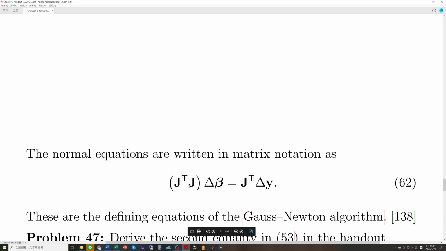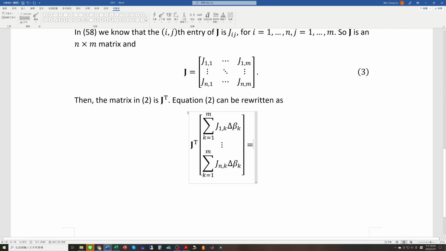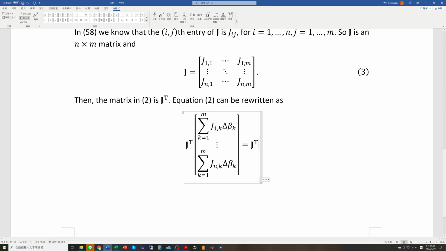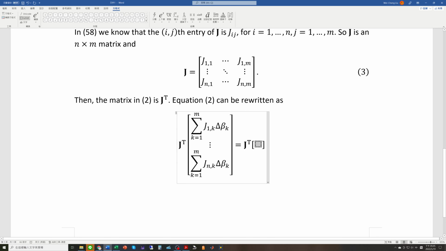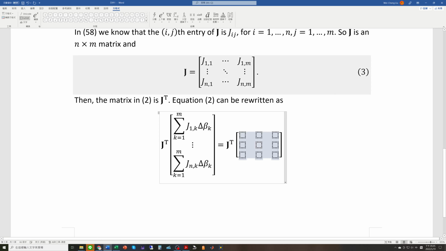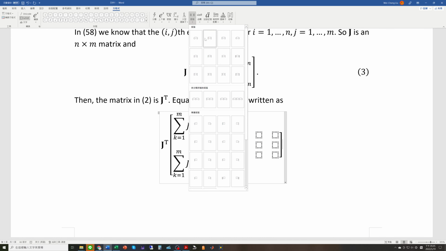So next we should have J times delta beta. So we need to decompose this vector into the product of a matrix and another vector. So this is equal to J transpose times a matrix, and then times a vector.